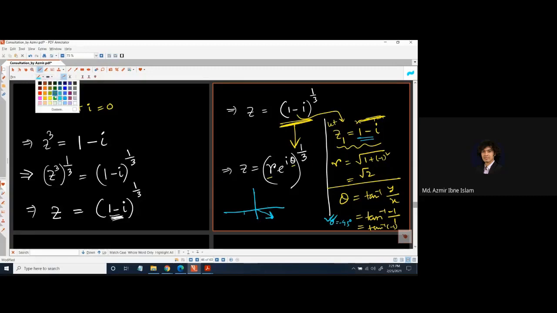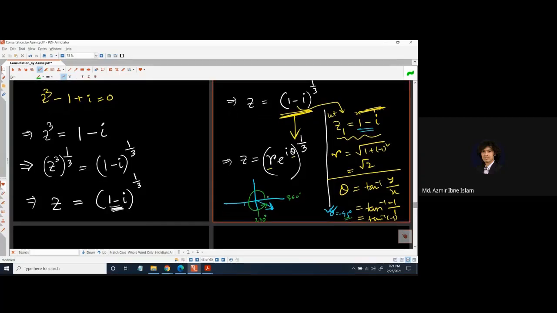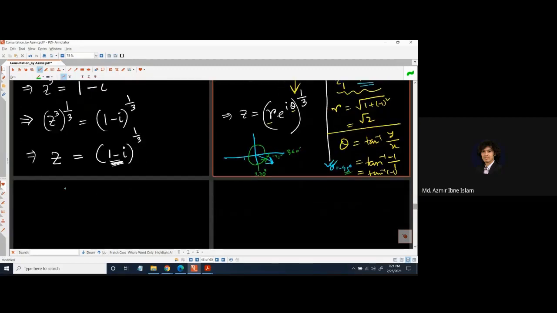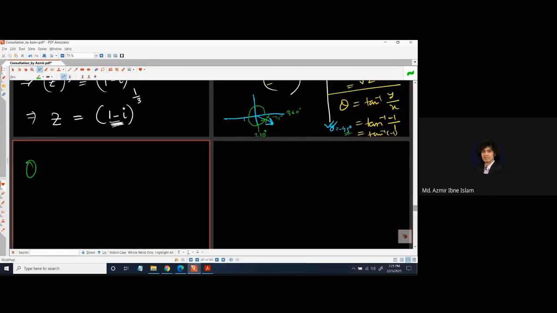Now the angle will be always from positive x-axis to the line, so we can understand that it is between 270 degree and 360 degree. So the angle that we have found is negative 45 degree. So we have to add 360 degree to negative 45 degree. So that means 360 degree minus 45 degree, that is 315 degree.